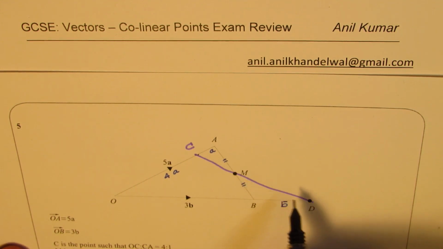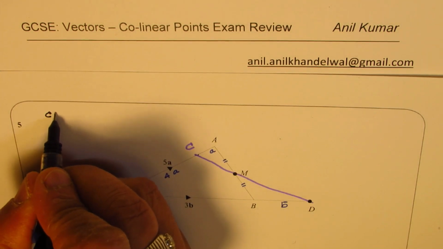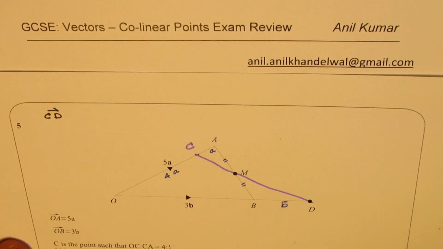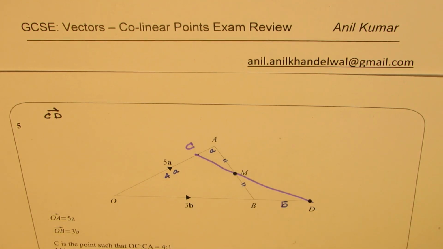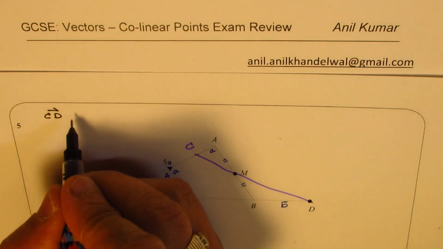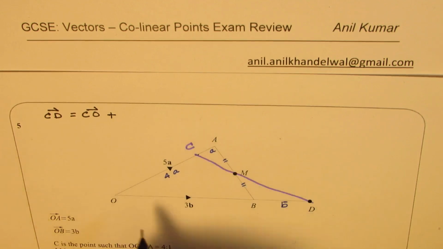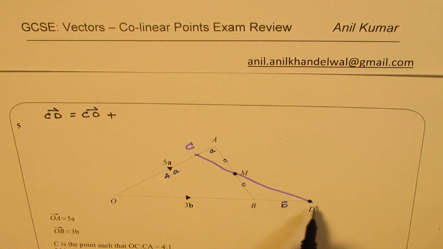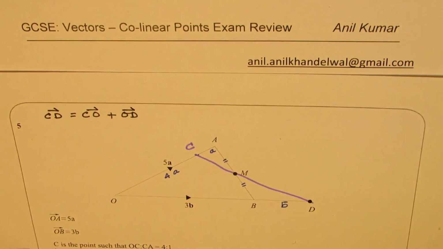So let us find what C to D is, right? So let's find C to D first. The vector C to D, we can go in this path. So this is 4A. So if you come along in this direction, it will be C to O plus O to D. Or you can say OB and BD, right? Or you can write O to D. That is how we get CD.